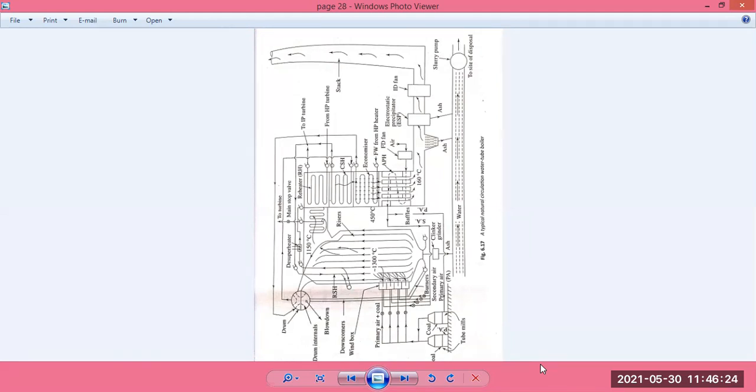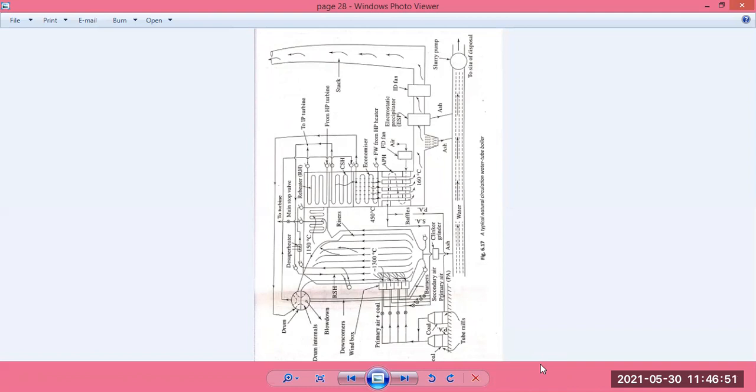Now, the headers are connected to the water tubes that line the furnace walls and act as risers. Here we follow the same thing: from the drum it goes down the downcomer, then goes to the riser inside the furnace, which heats the water and steam mixture to convert it into vapor itself.